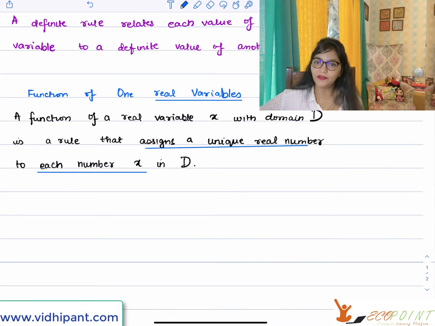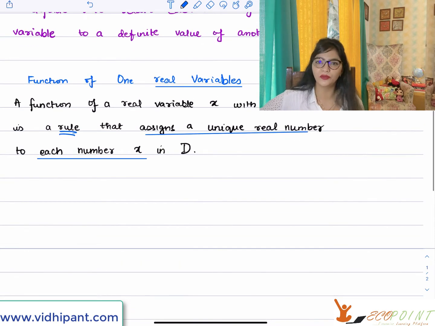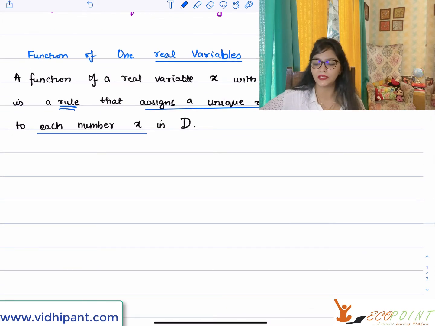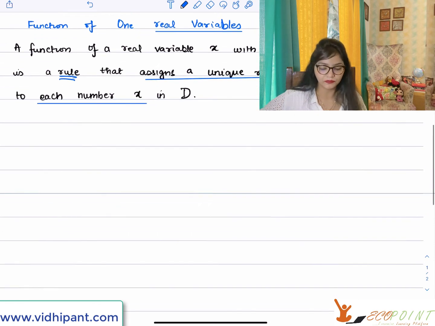Just by writing the word rule, you don't get to know what the function is. A rule can be an algebraic expression, or maybe not an algebraic expression but depicted graphically, or depicted like a table.